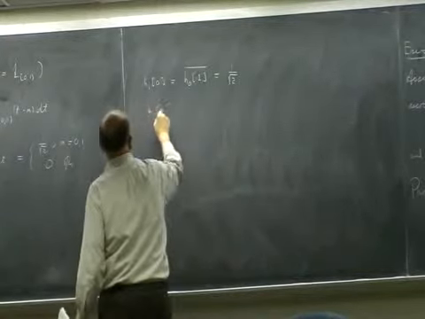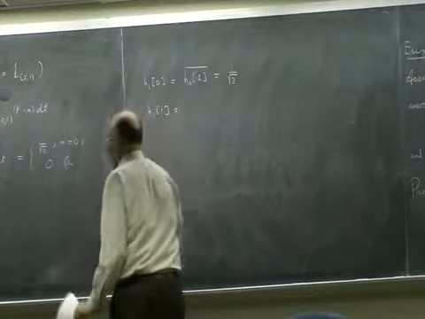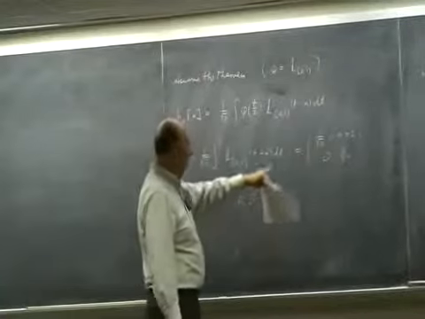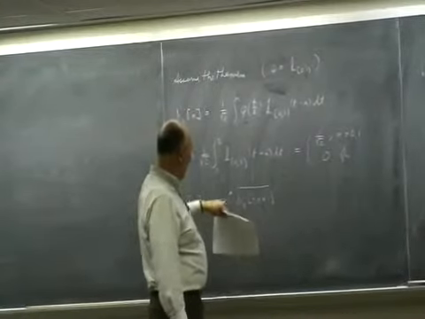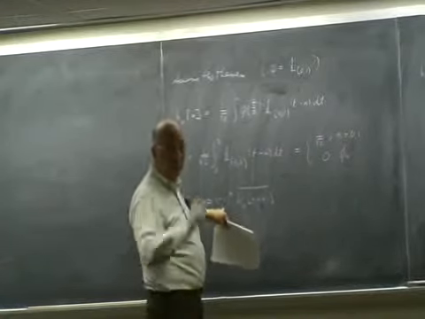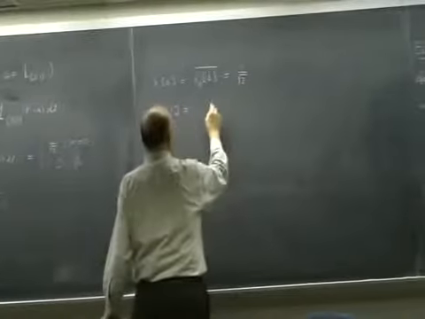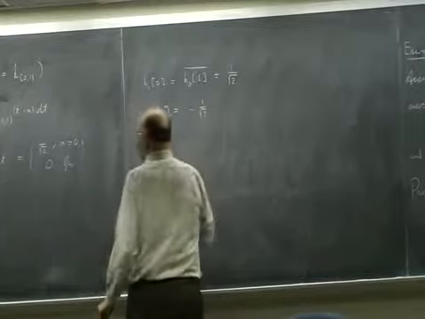If I look at H1 of 1, what do I get? Well, I get H0 of 0, which is 1 over the square root of 2, and I get a minus. Very important. So this is equal to minus 1 over the square root of 2.